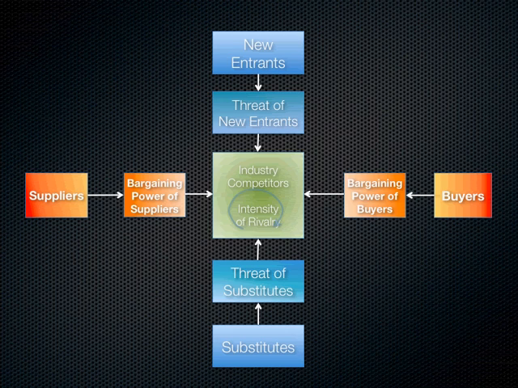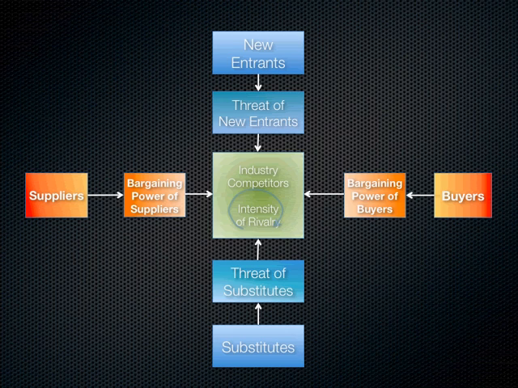Moving from the left, we have the suppliers and the bargaining power of suppliers. If there are a large number of suppliers to a relatively small number of competitors, the power of those suppliers is low. But if there are a few suppliers for a particular market, the power of those suppliers is high.